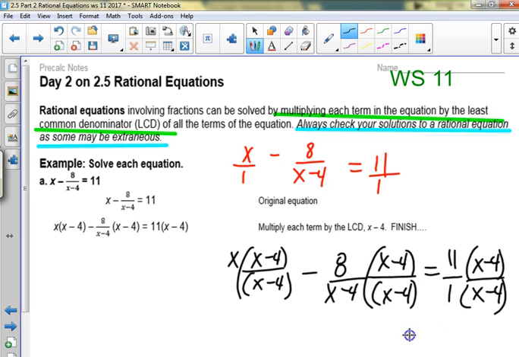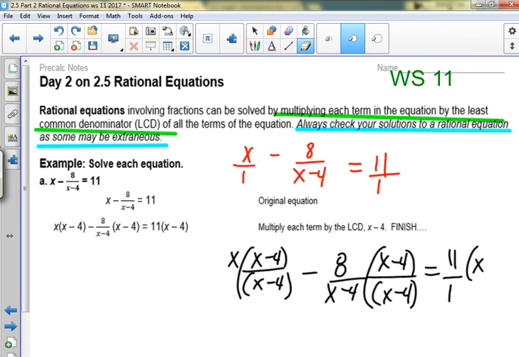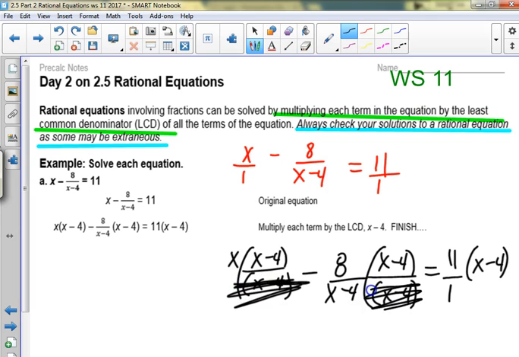All right. Totally not what I meant to do. All right, what I meant to do was multiply everything by x minus 4, because that's like multiplying through by a constant, right?